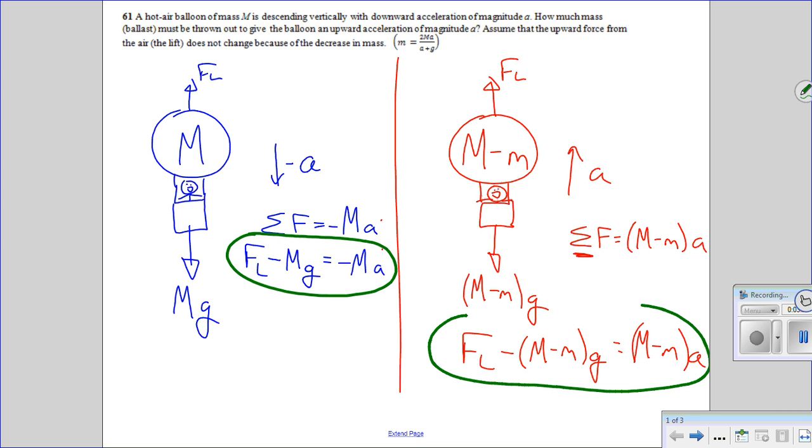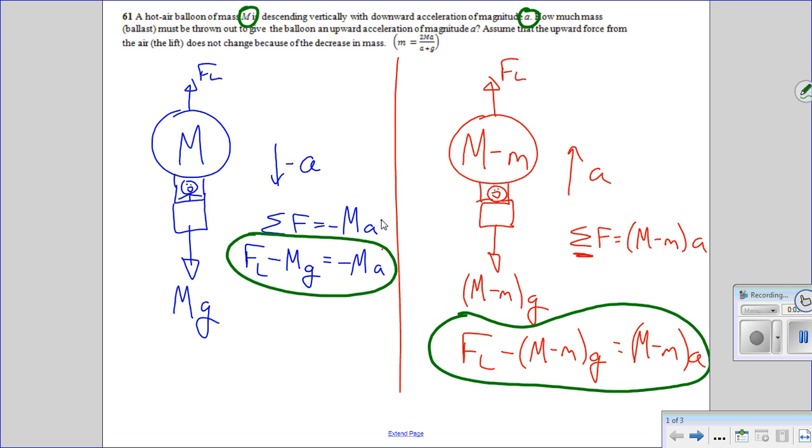And our goal is we need to come up with an expression for lowercase m, right? When you're given a problem like this, though, really the only sort of legal variables that we can do this in terms of are the variables that are given to us, right? Like, ordinarily, we'd be given a problem with numbers, and this capital M here would be a number, right? And we'd be given this acceleration, right?